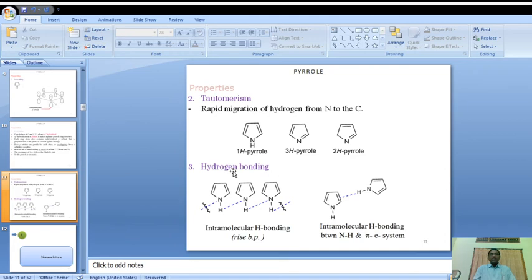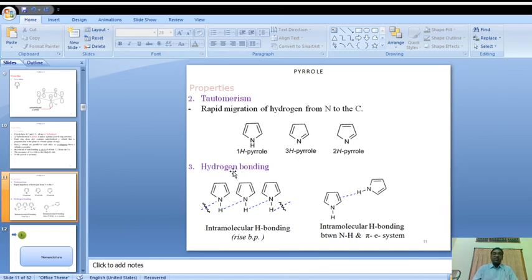Now let us go to hydrogen bonding. The hydrogen atom in pyrrole is bonded with the heteroatom. That particular hydrogen is weakly, partially bonded with a highly electronegative atom, the nitrogen of an adjacent pyrrole molecule.